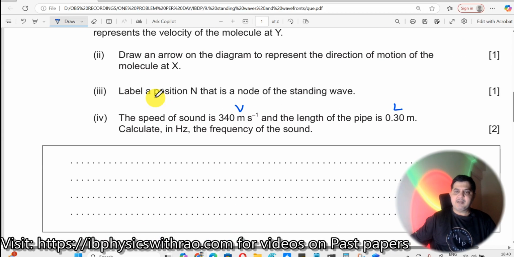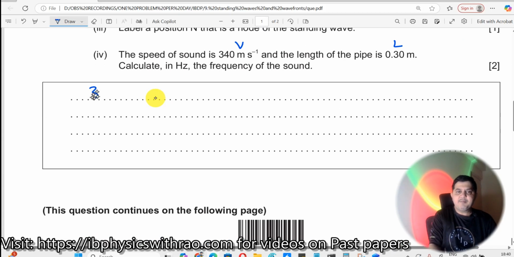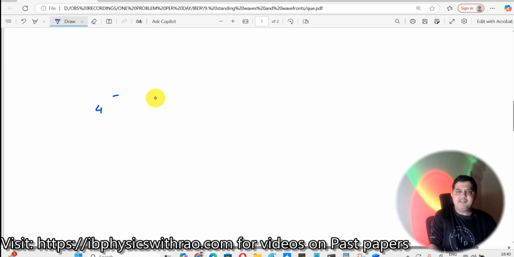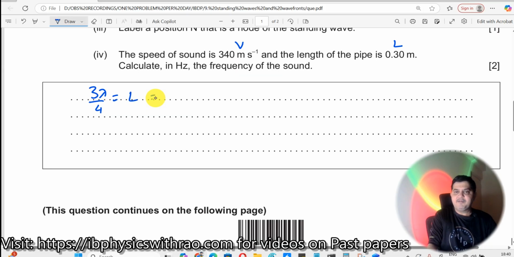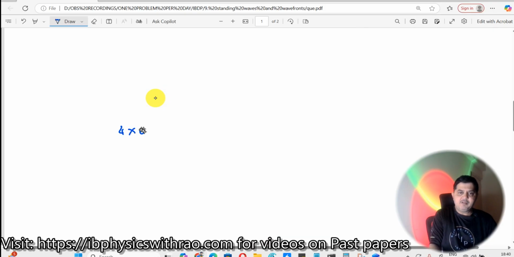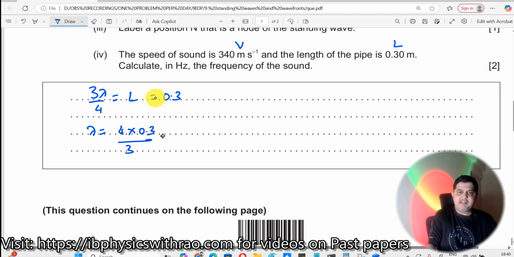Now 3 lambda by 4 is equal to the length of the pipe, which is 0.3 meters. So lambda will be equal to 4 into 0.3 divided by 3, which should be 0.4 meters. Now what is he asking?